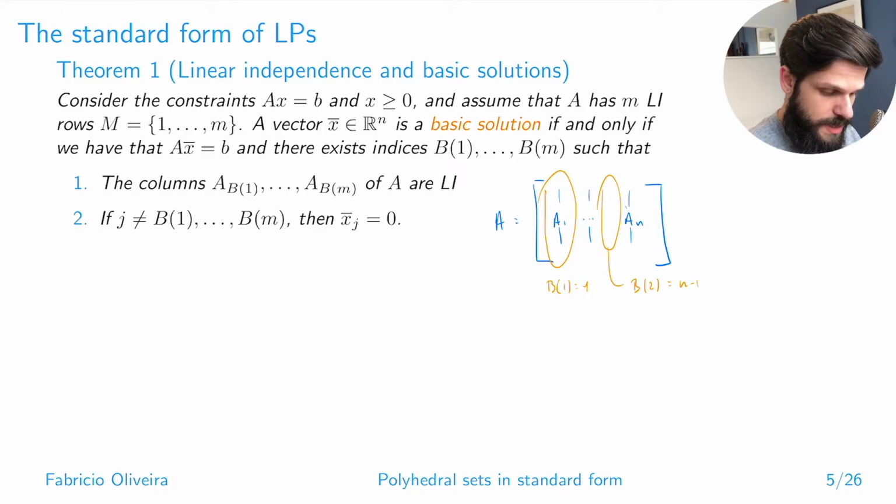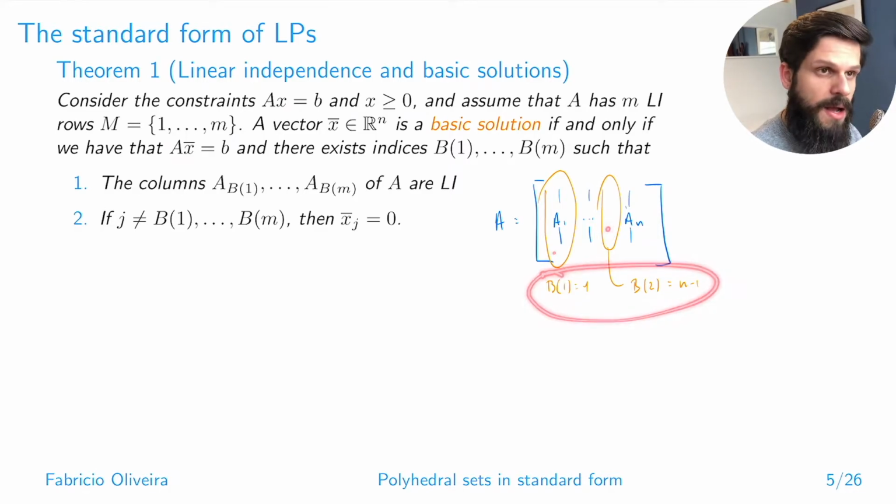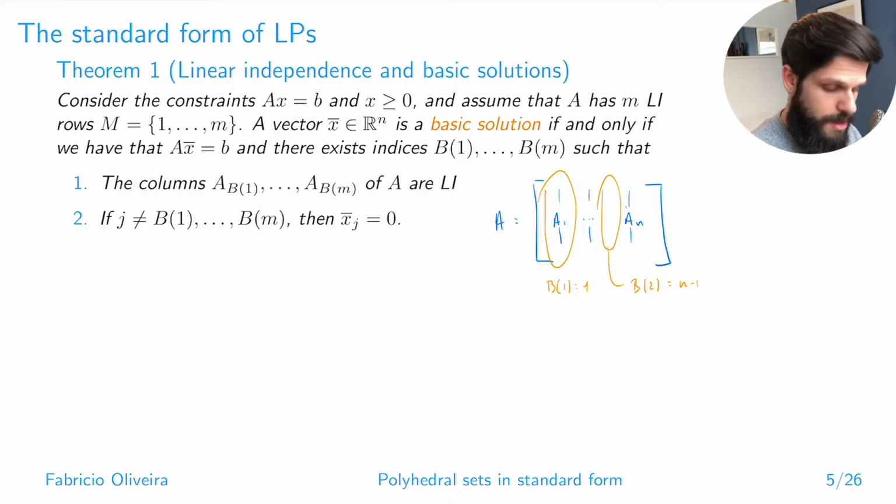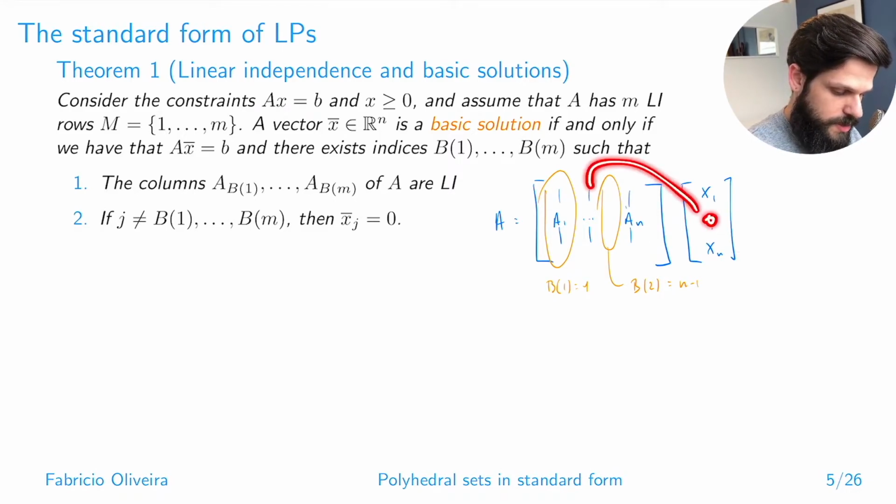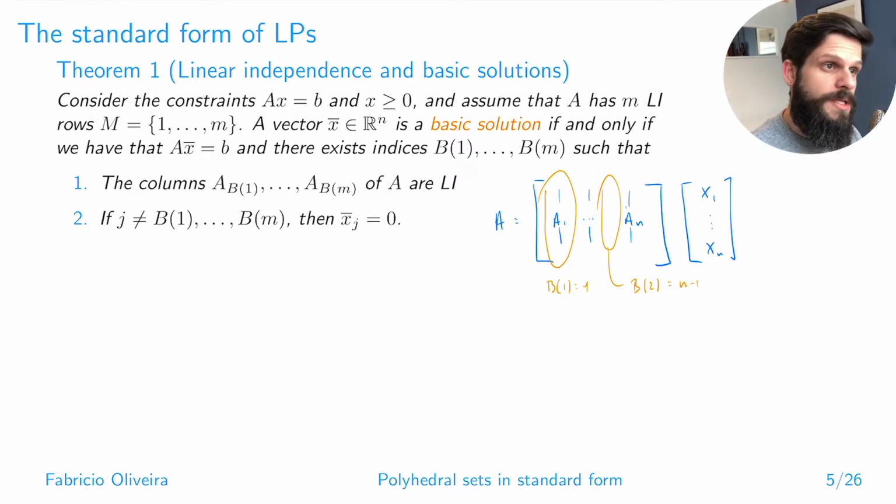All the other columns that I don't select, I select m of those, and for the ones I don't select, I make the respective variable associated with that column 0. Remember that we have a vector x1 all the way to xn here. So the respective component associated with that column, I'll make that component 0. And that will form us a basic solution.